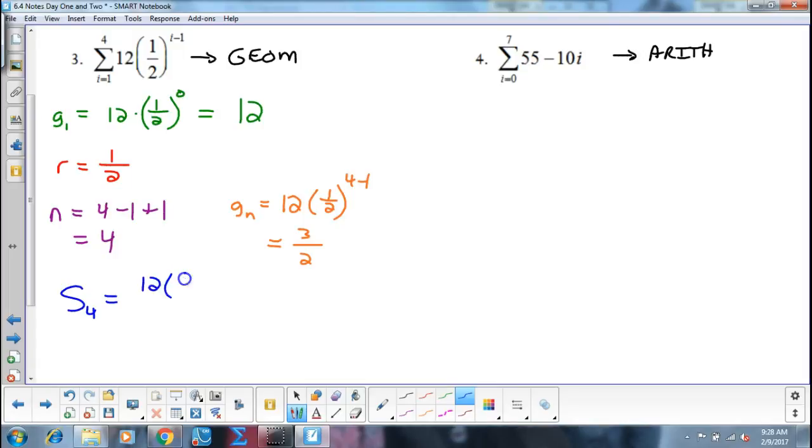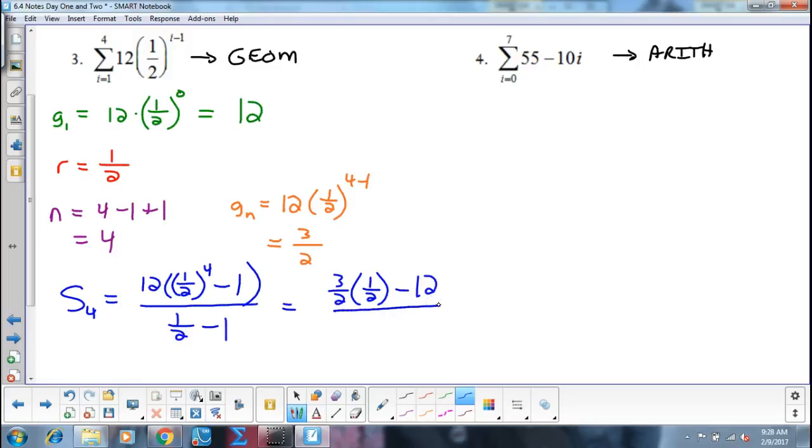So that's going to be 1/2 to the 4th power minus 1 all over 1/2 minus 1. Okay. Or we could have gone 3 halves times 1/2, then minus 12, and then 1/2 minus 1. Okay. Either way.